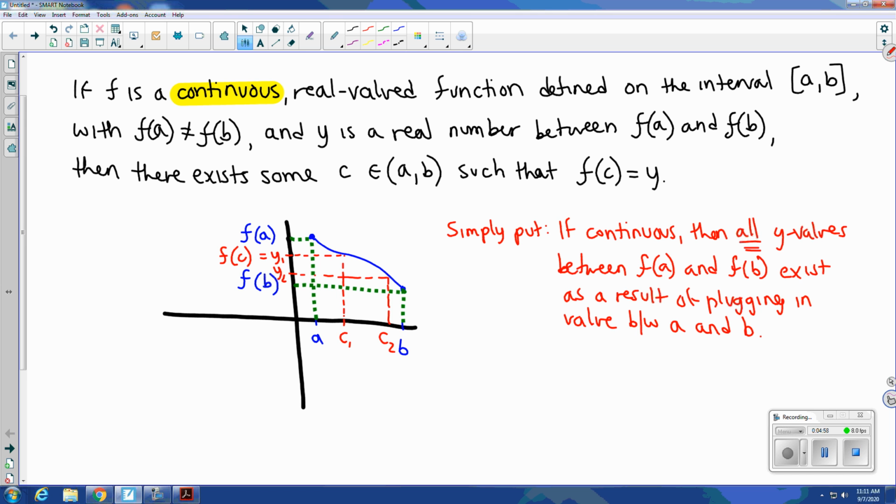Okay? That is the intermediate value theorem.